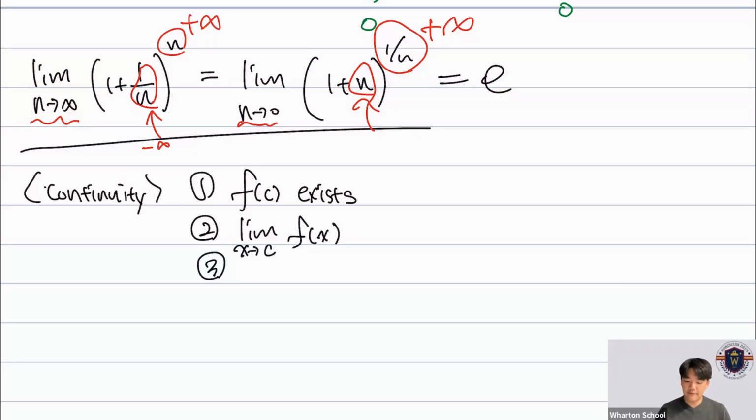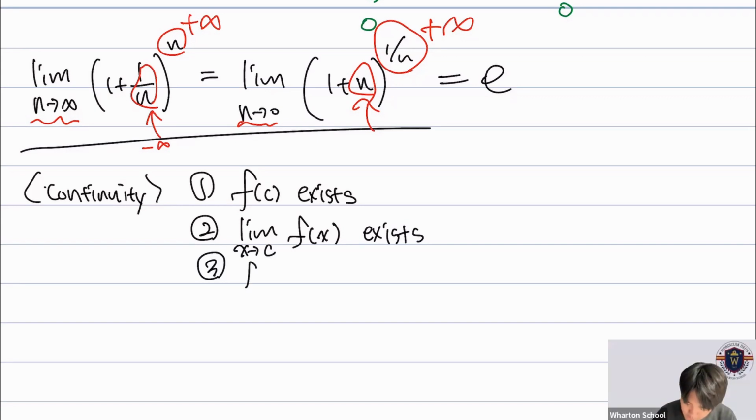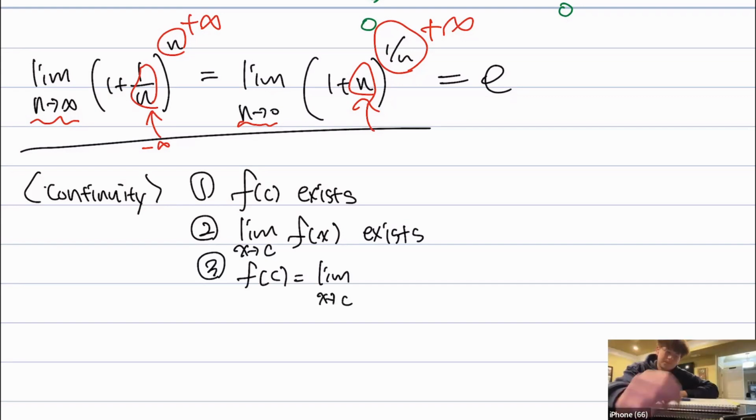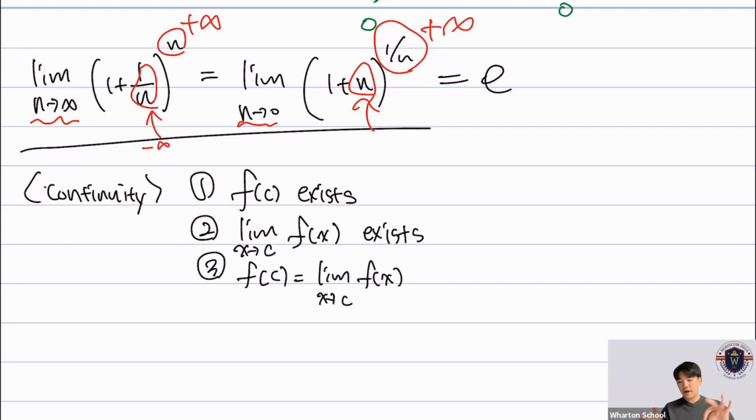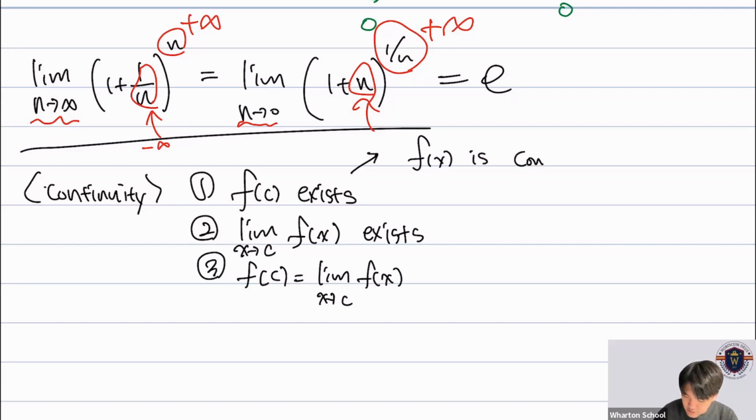That's the definition of limit, so this limit has to exist. Then the limit of f of x as x approaches c is equal to f of c. So the limit exists, the value exists, and they must match. That is the condition of f of x being continuous at x equals c.